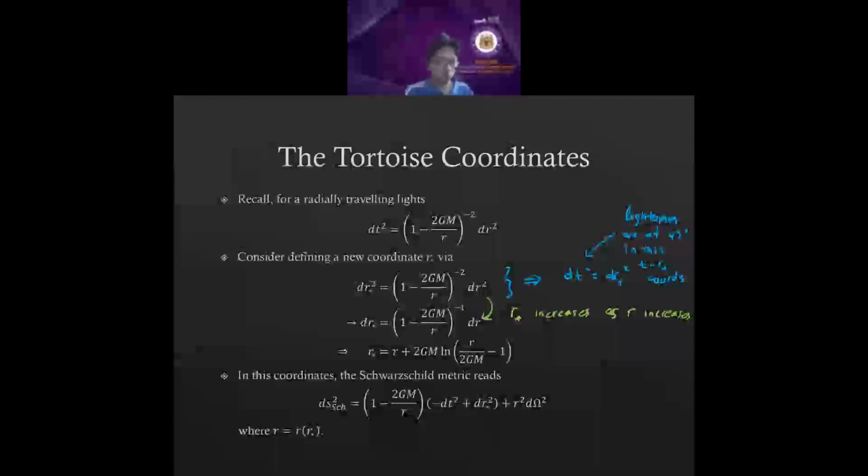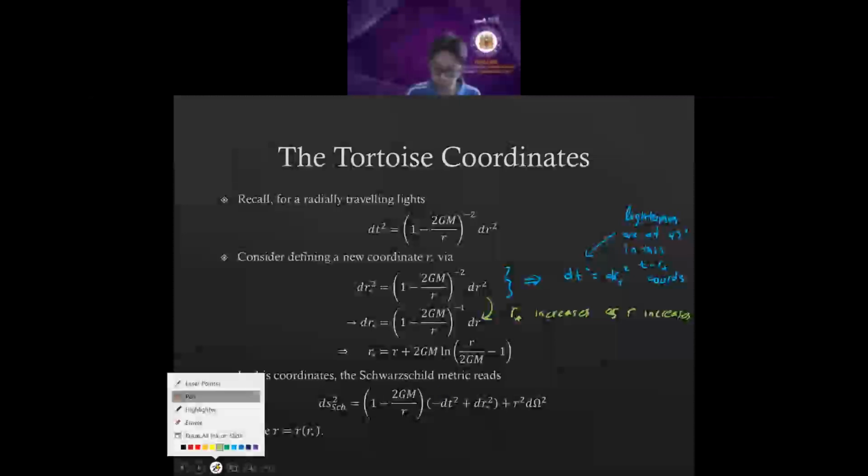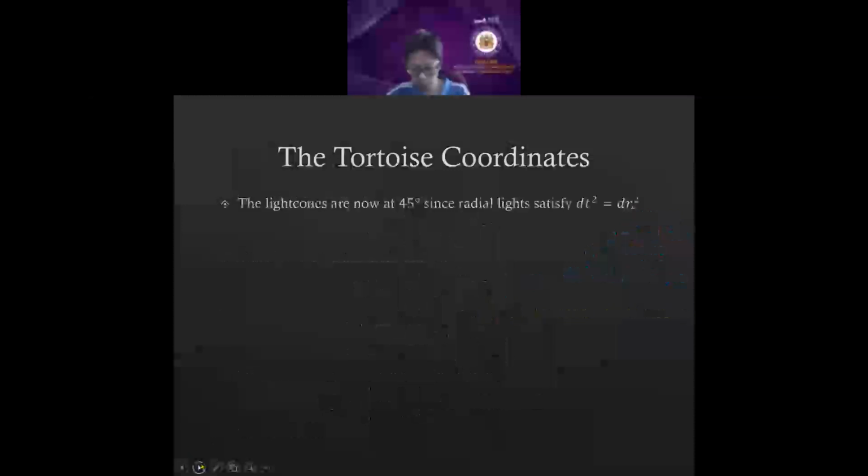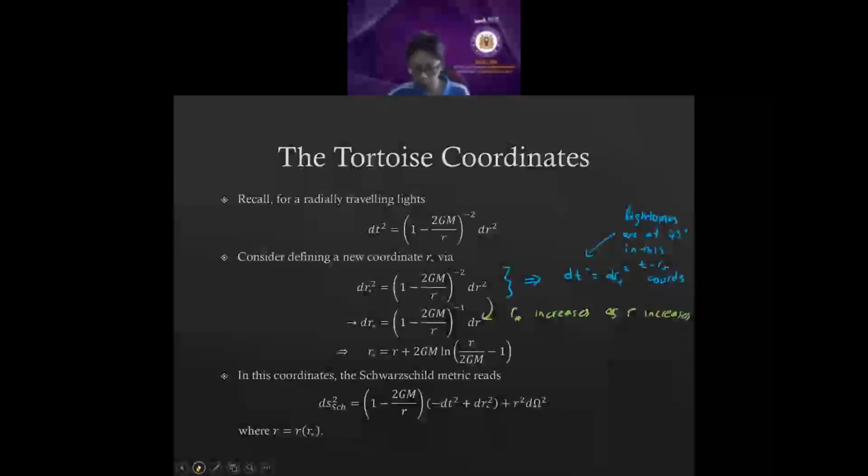So now one thing that you... so what's the next? Okay, so let me just focus on this one first. As I said, in this metric, in this coordinate system, light cones are at 45 degrees.